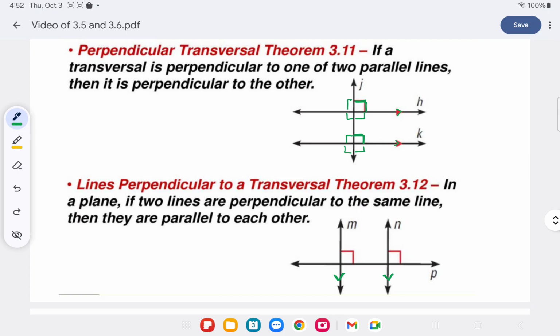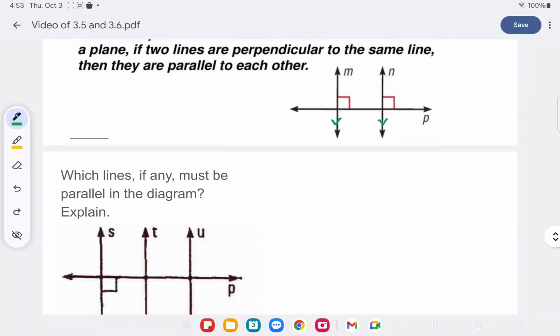So again, we have corresponding angles that are congruent because they're both 90, because they're both perpendicular to the same line. And so therefore, the lines must be parallel. So if you have two lines that are perpendicular to the same line, those two lines must be parallel.